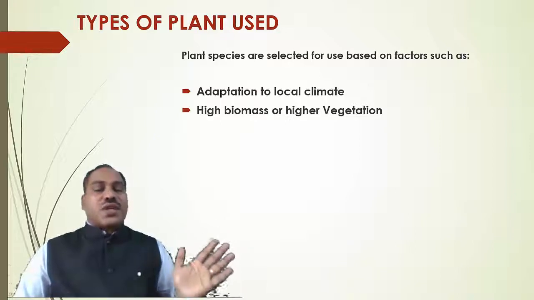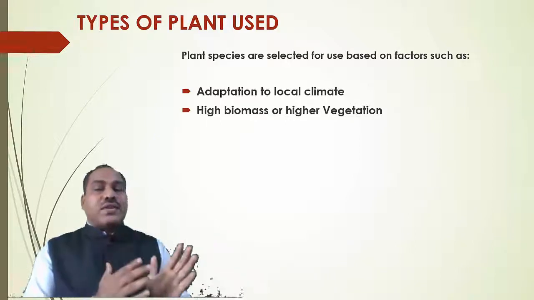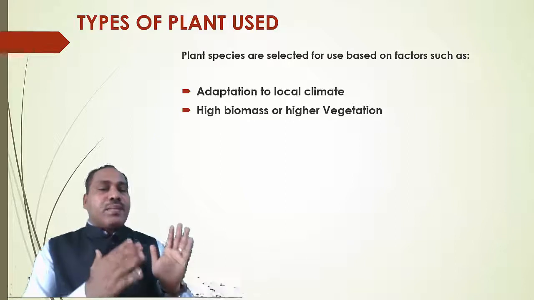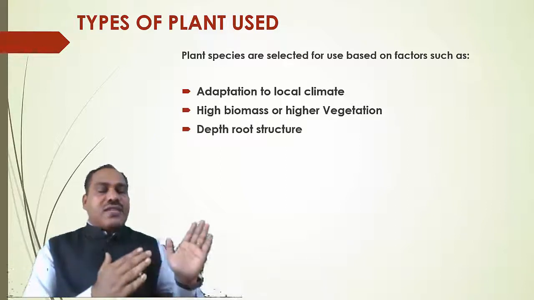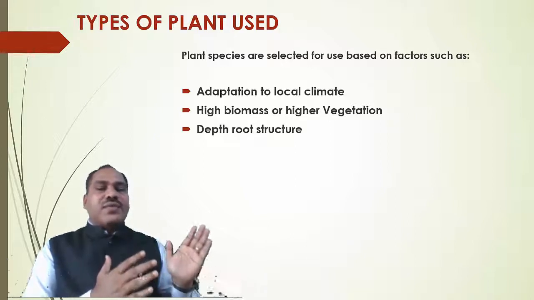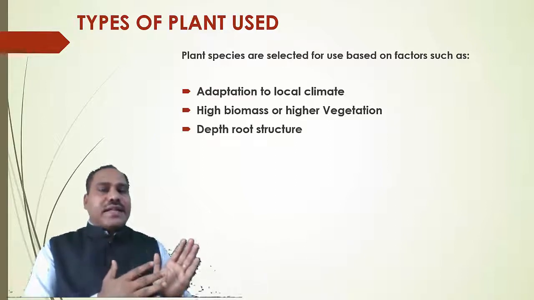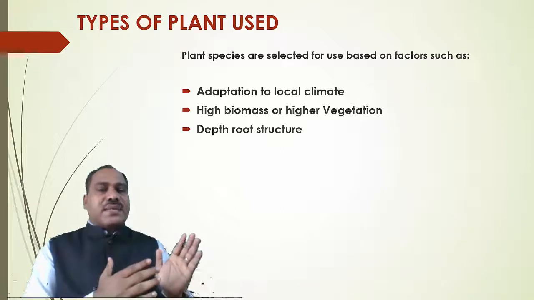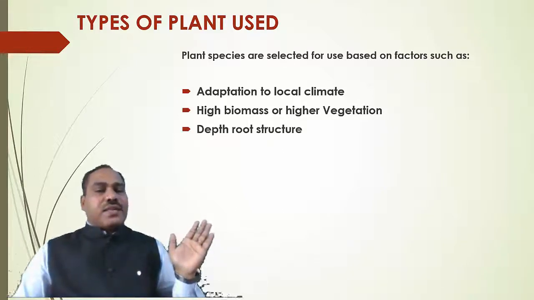Then depth of root structure. As you know, in phytoremediation, the root is the important structure where it can absorb different types of contaminants. So an extensive root system is an important criterion for choosing plant species for phytoremediation programs.